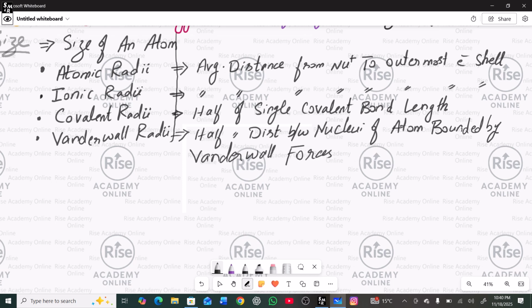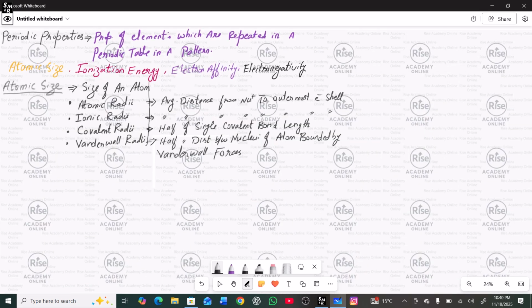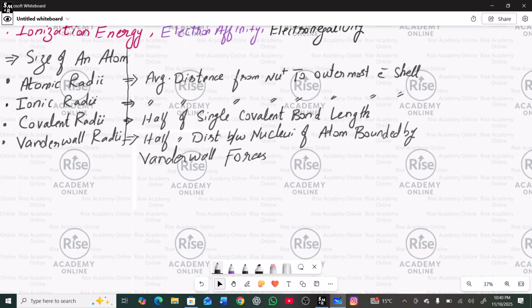So these radii terms can be defined in terms of atomic radii, ionic radii, covalent radii, van der Waals radii.